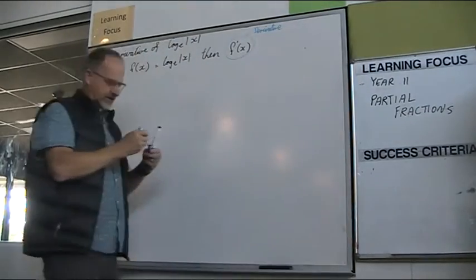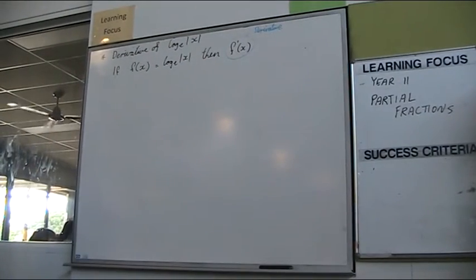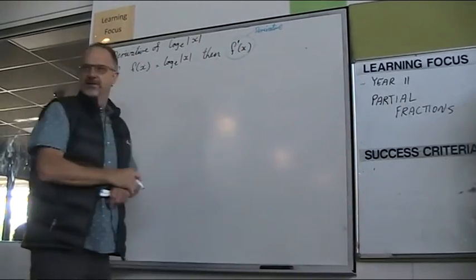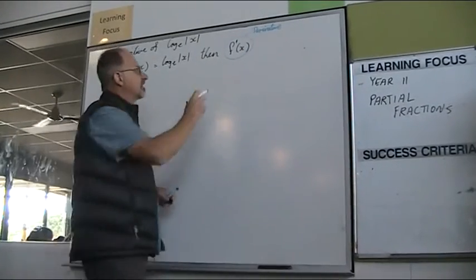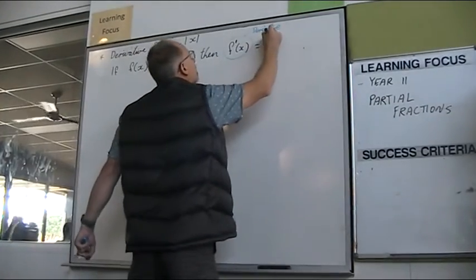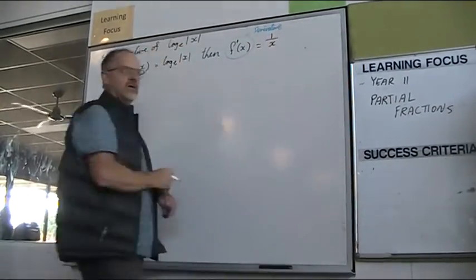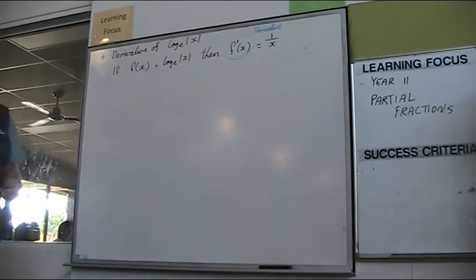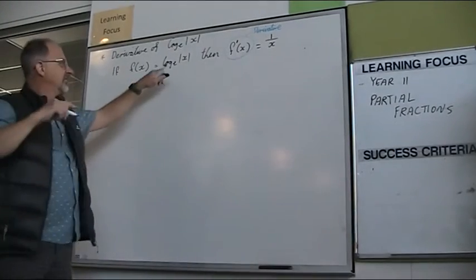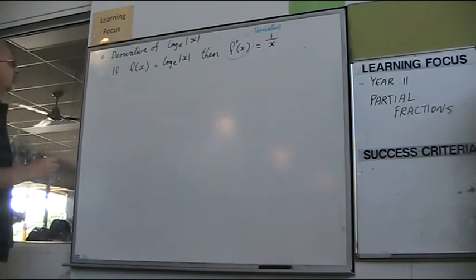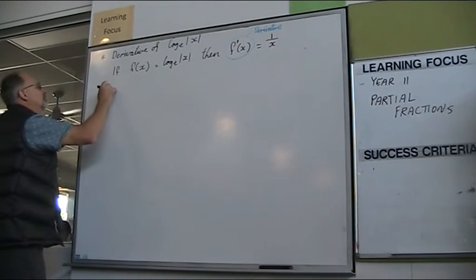That's just your function notation. The other one's called Leibniz notation, but this is function notation, and this little dash, not a 1, indicates that. And so the derivative of log is 1 on x. Again, that pattern is on your formula sheet, and then we need to use it. So let's have a look at an example.